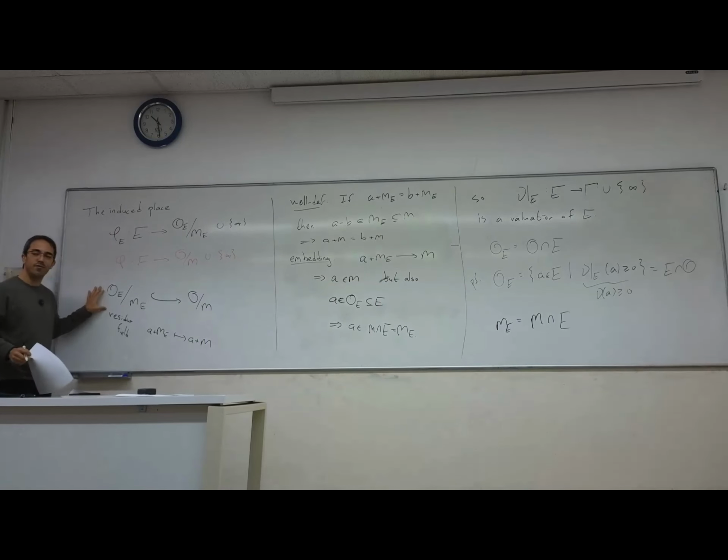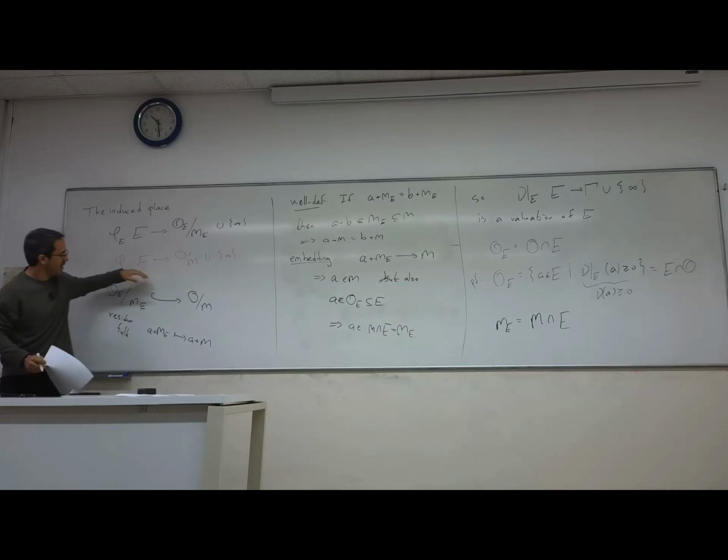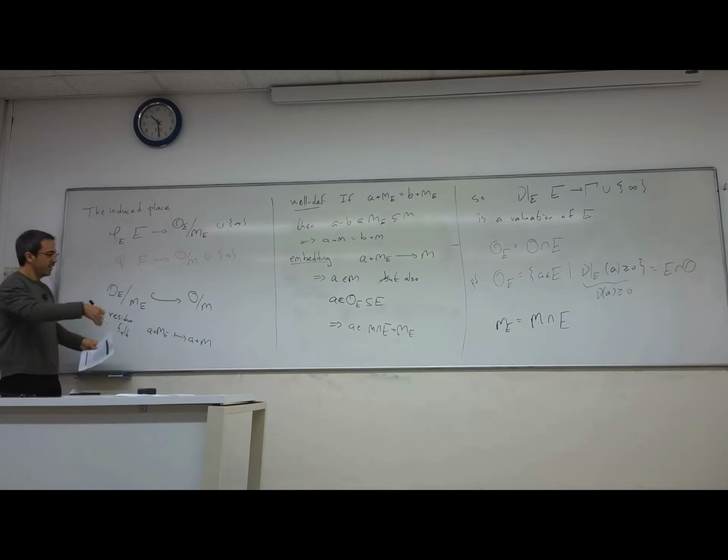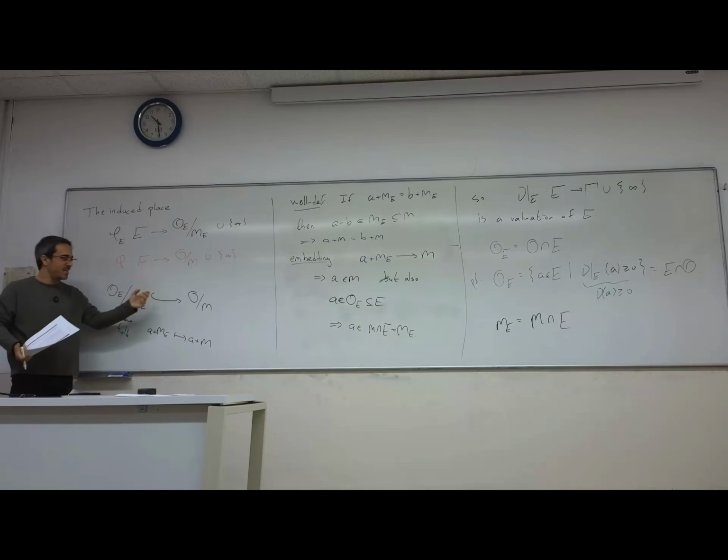But do you see another way of showing that with nothing to do with this example whatsoever? If you have two fields and you have a field homomorphism between them, namely as rings, it's a ring homomorphism. One goes to one and it respects the addition and multiplication. I claim it's always the case, probably you know that, but you just forget. It's always the case that it has to be an embedding.